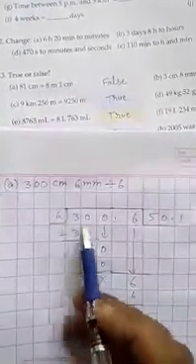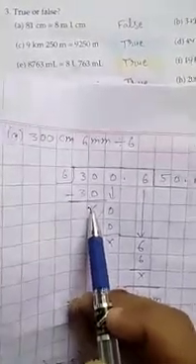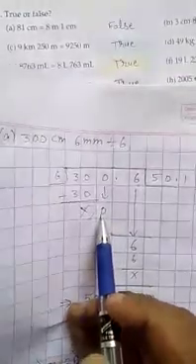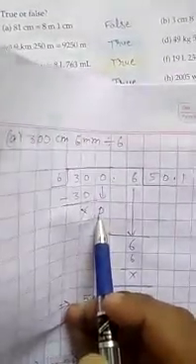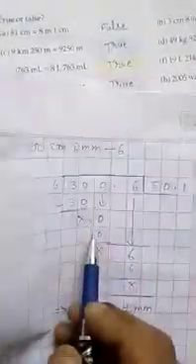Now we will divide. 6 fives are 30. It will be 0. So now we will put 0, and 6 zeros are 0. So it will be 0.